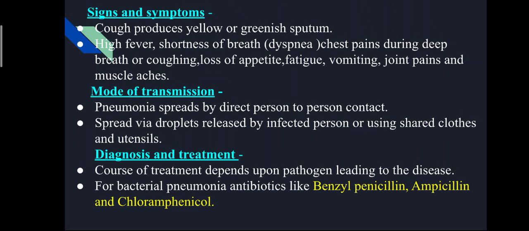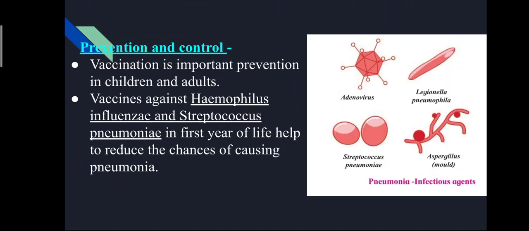Then see the diagnosis and treatment of pneumonia. The course of treatment depends upon the pathogens leading to the disease. For bacterial pneumonia, antibiotics like benzyl penicillin, ampicillin, and chloramphenicol are most effective as a treatment.